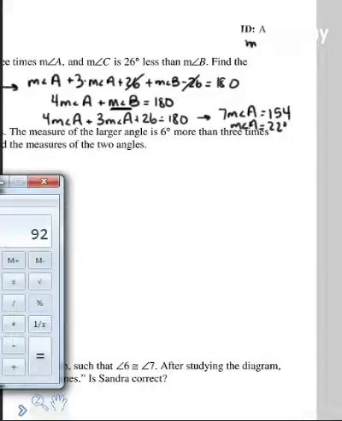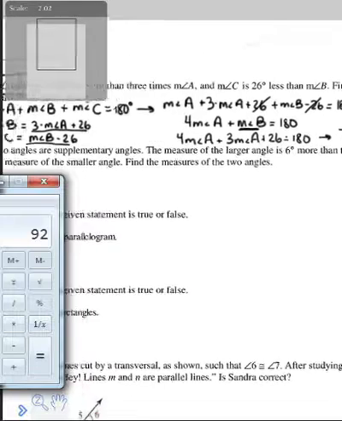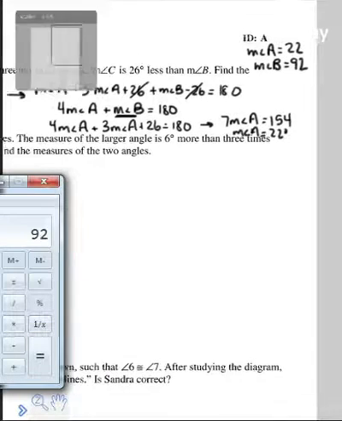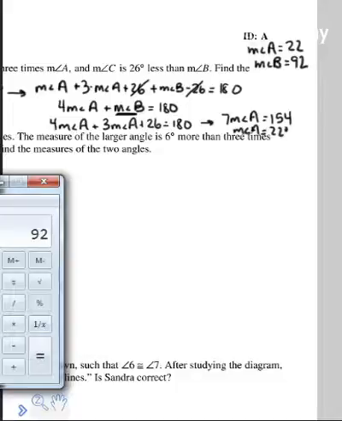Measure of angle A equals 22. Measure of angle B equals 92. And it says for the measure of angle C, it's 26 less than measure of angle B. So if we have measure of angle B at 92 and take 26 less than that, we get 66.